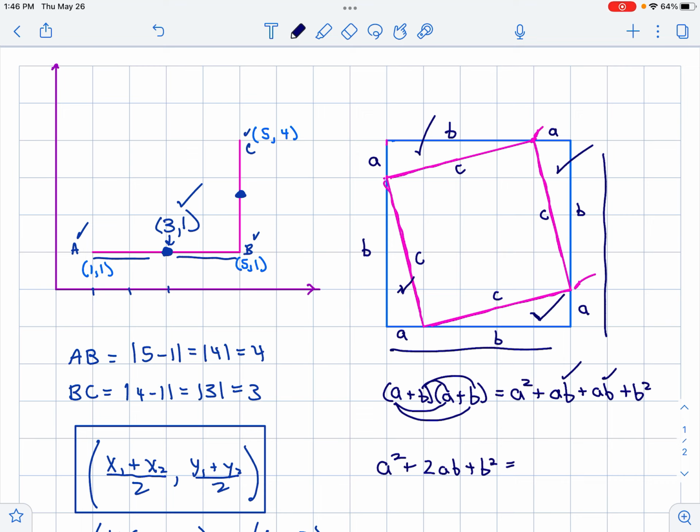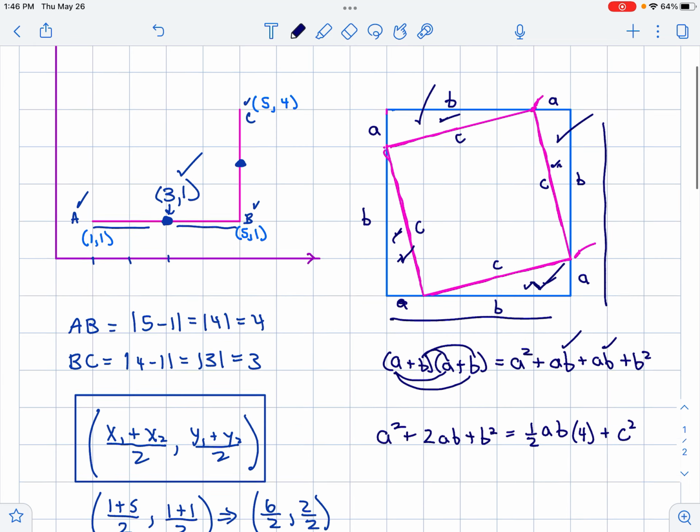The area of a triangle is 1/2 base, which is A, times height. That's the area of each one of these triangles. And there are 4 of them. So I've calculated the area of each of these little triangles. Oh yeah, I got to put the area of the inside, C squared.